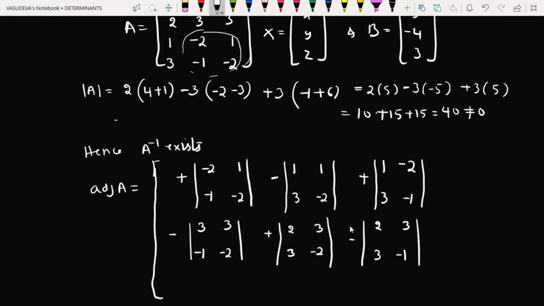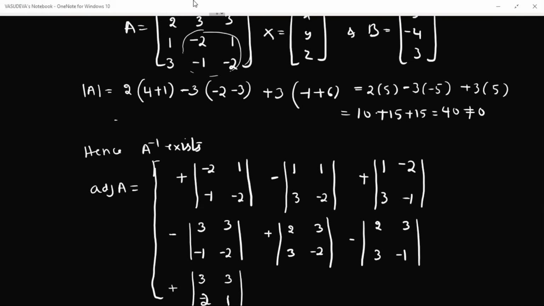Then determinant of, plus the cofactor of 3 here, 3, 3, minus 1, minus 2, the cofactor of 3 is 3, 3, minus 2, minus 2, minus 2, 1.